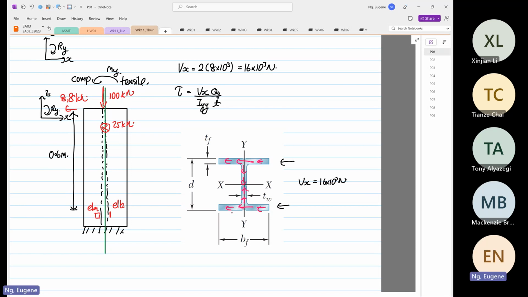And we know over here, this is our element A. And over here, this is our element B. What we can see from here is that the shear at element A is not equal to 0, whereas element B is equal to 0 in terms of shear.